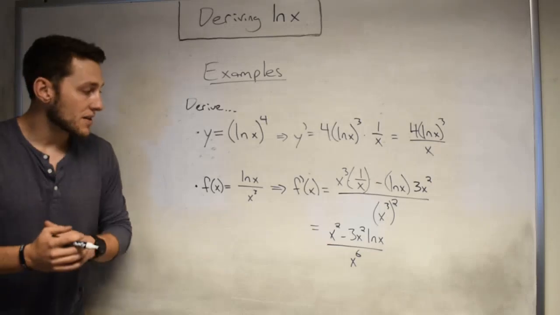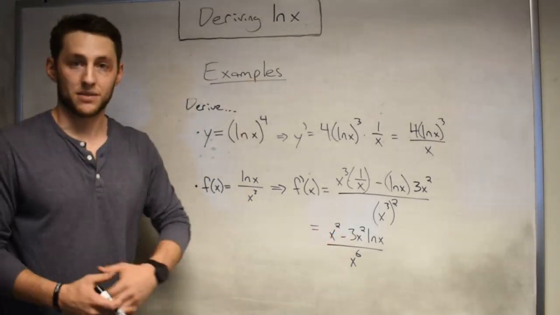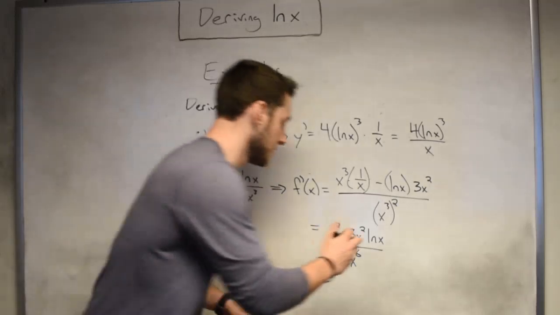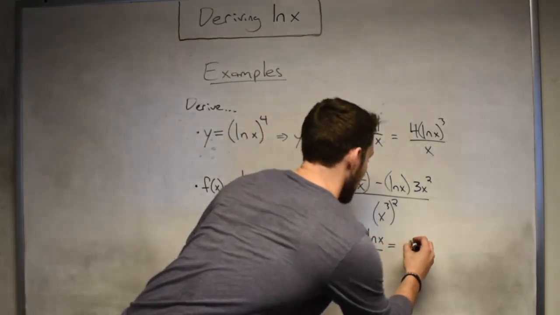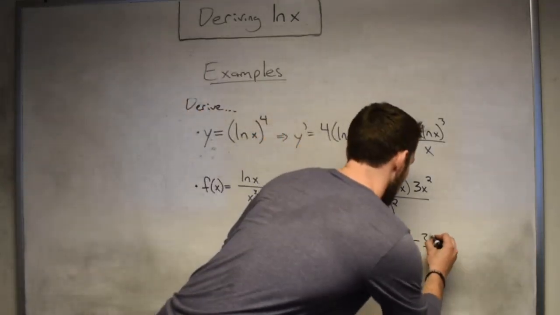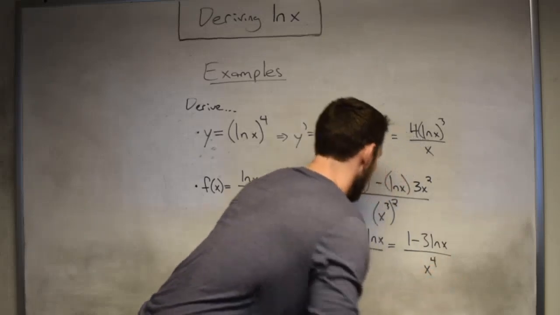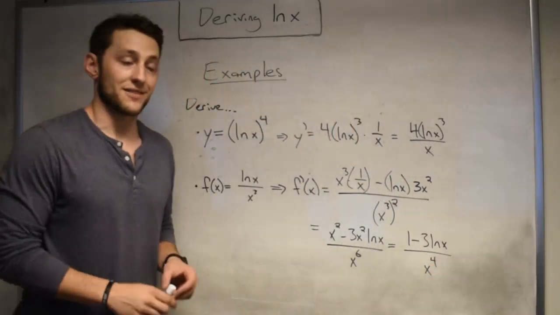If you wanted to go a step further, what you could notice is that 2 of these x's could cancel with the x's above. This leaves me with 1, since I canceled both x's, minus 3 times the natural log of x divided by x to the 4th as a final answer.